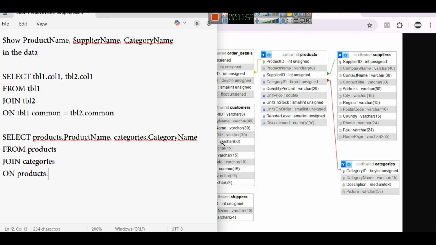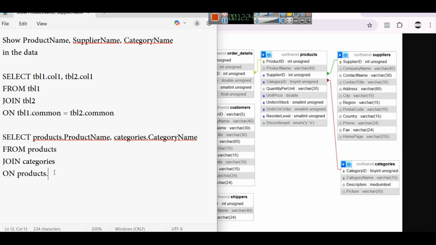What is common between both of them? In these two tables, products and categories. Forget about supplier. What is common between products and categories? Category ID.